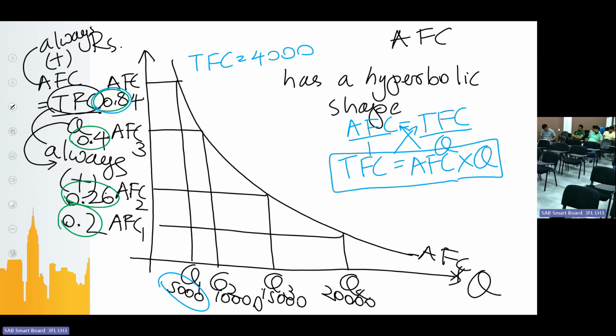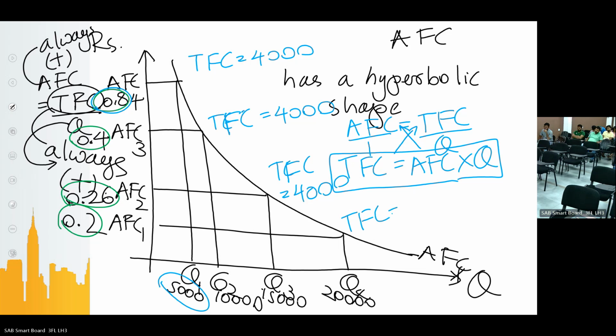When Q is 10,000, multiplied by 0.4, TFC is 4,000. At Q 15,000, multiplied by 0.26, TFC is 4,000. At 20,000, multiplied by 0.2, TFC is 4,000.